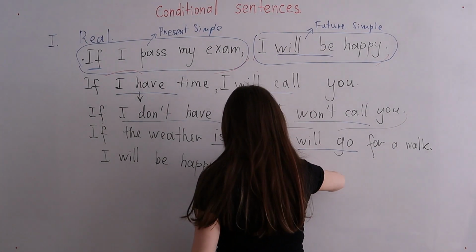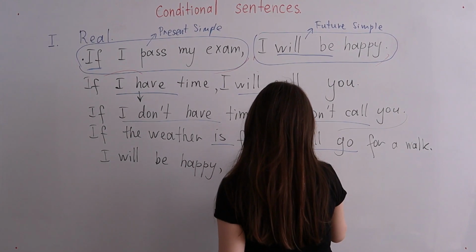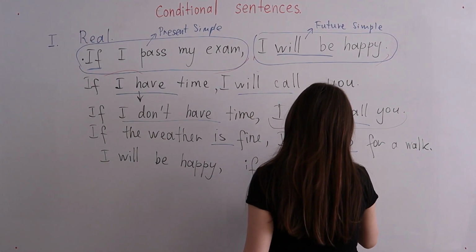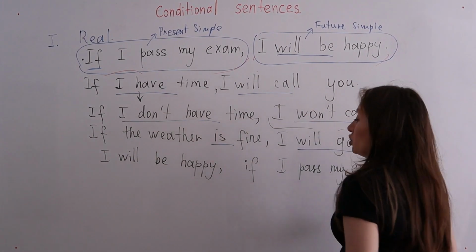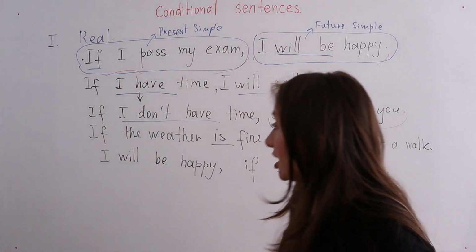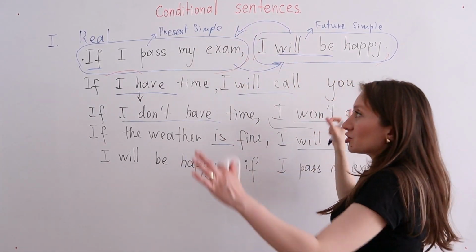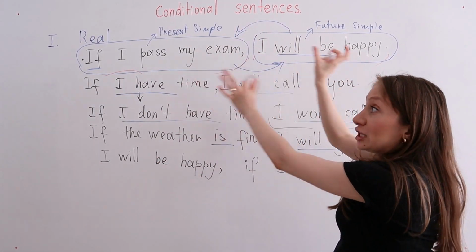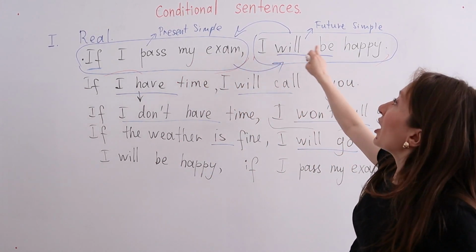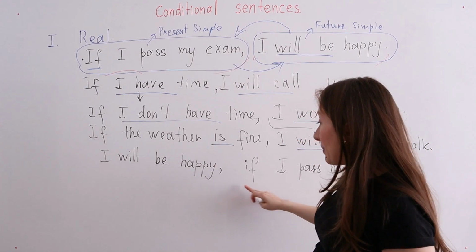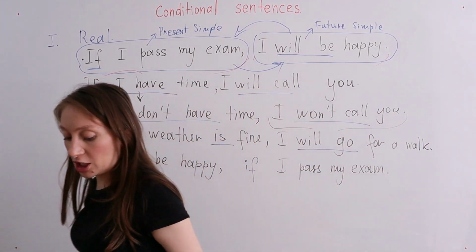You can write if with a small letter. You can do it like that or like that. Changing the clauses doesn't change the meaning. If I pass my exam, I will be happy. I will be happy if I pass my exam. The same, no problem.